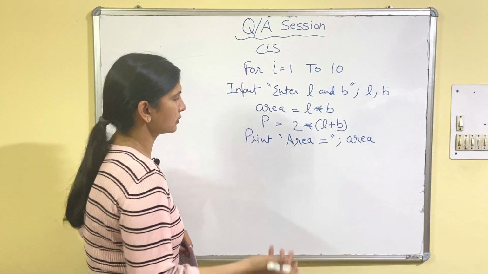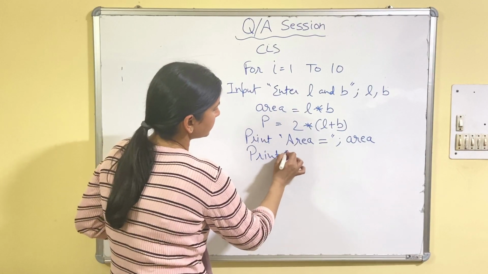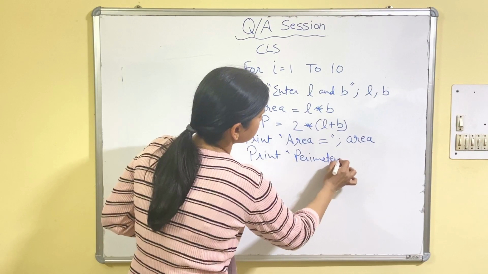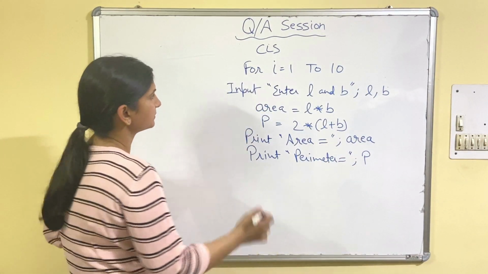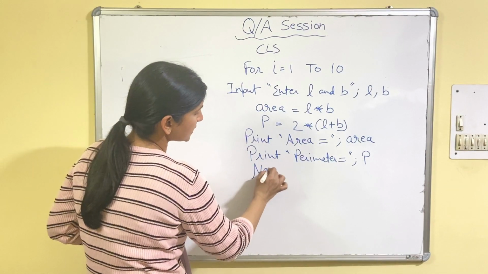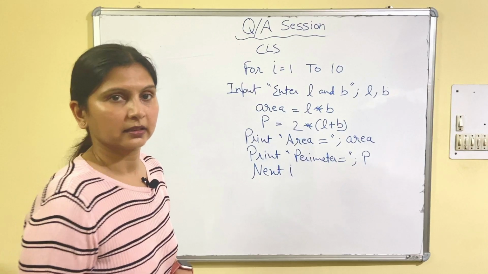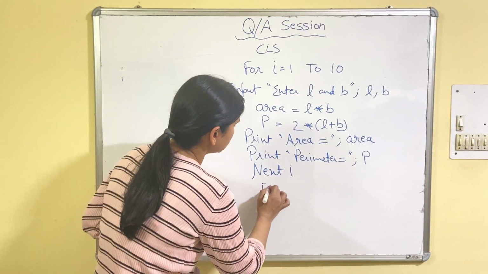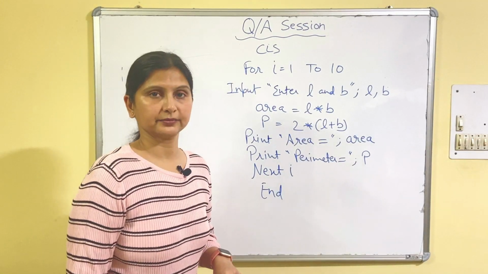You can take A also. Print perimeter equals to P. Fine. And then you will close the for next I. That's it. And then we will end the program. I hope it is clear. Fine.